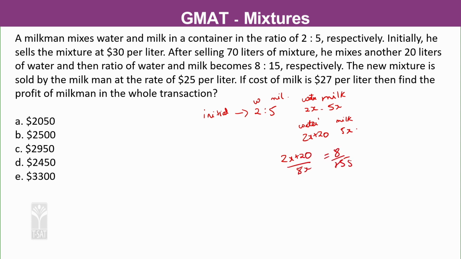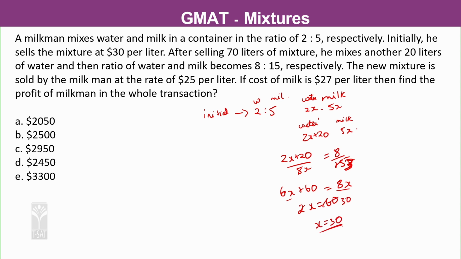Cross multiplying, 3 into (2x plus 20), you will get 6x plus 60 is equal to 8x. 8x minus 6x is 2x. So, 2x is equal to 60, x is equal to 30.